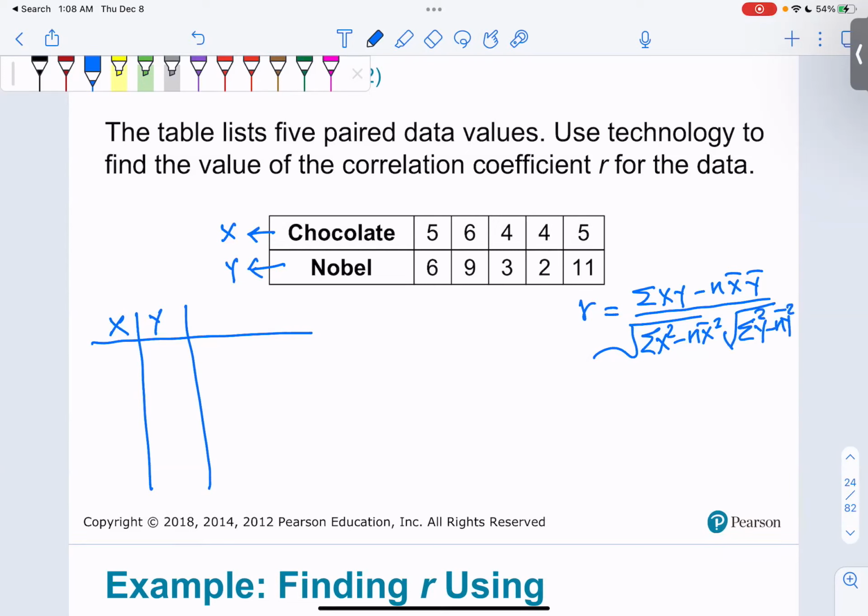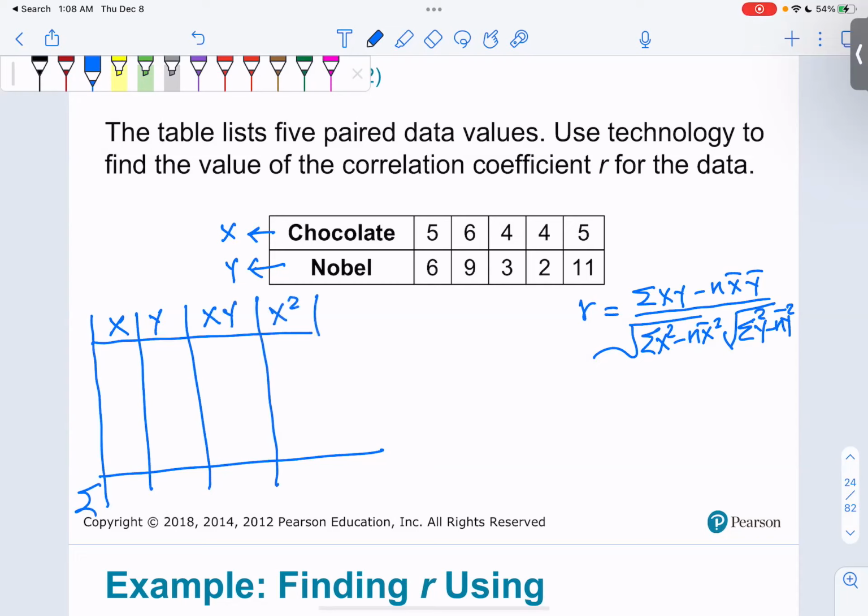So what we need here is the summations, right? And then we need XY, X squared, and Y squared. I believe by this time you know how to find those values, right? So we have, for example, 5, 6, 4, 4, 5.